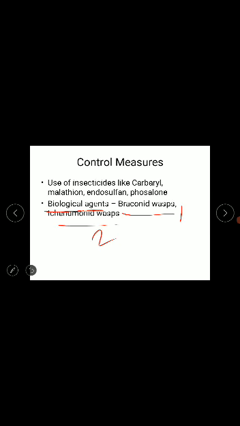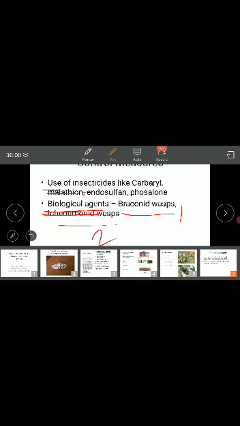Means here also we are able to control the brinjal fruit borer pest by three different methods. The cultural method was the first, the second method is the use of insecticide, and the third one is the biological agent. Okay, so these are the different types of control measures.